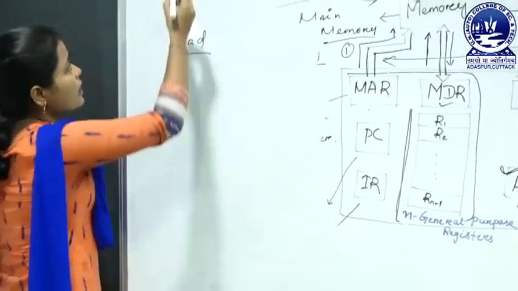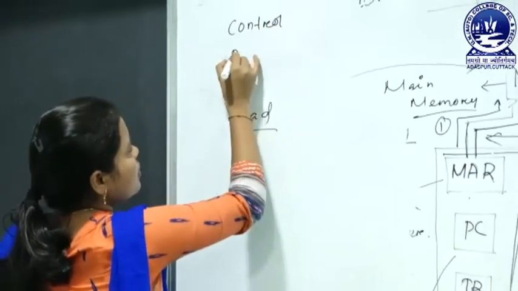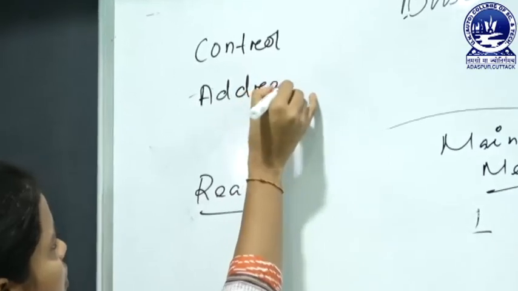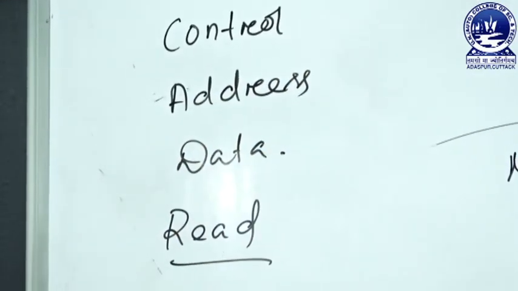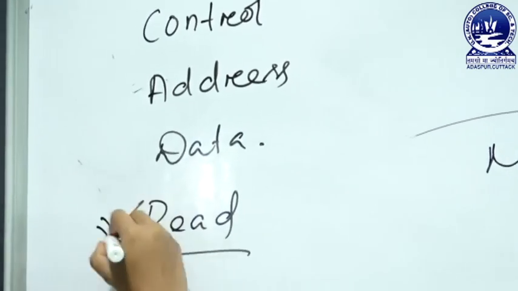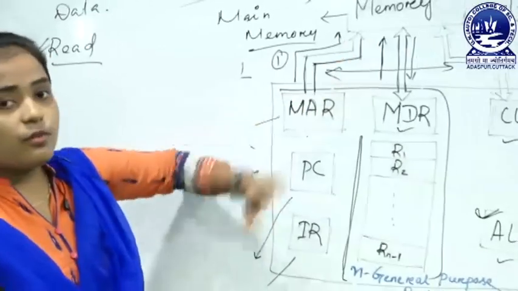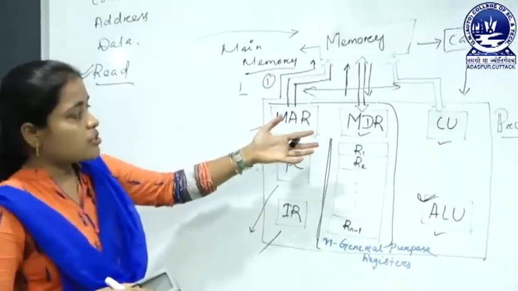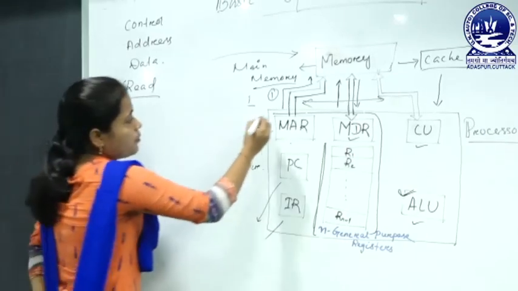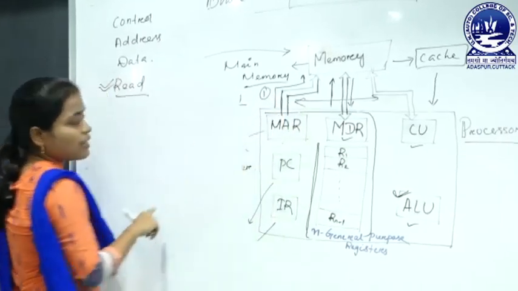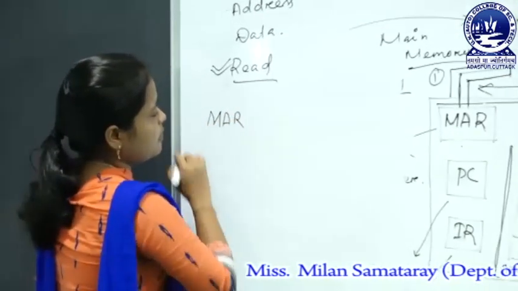So, we have three buses: control, address and data, and the operation is a read operation. We have to read some information or data from the memory. So, what will we do? Let me write down the steps.